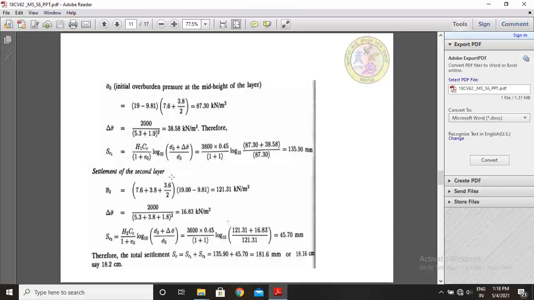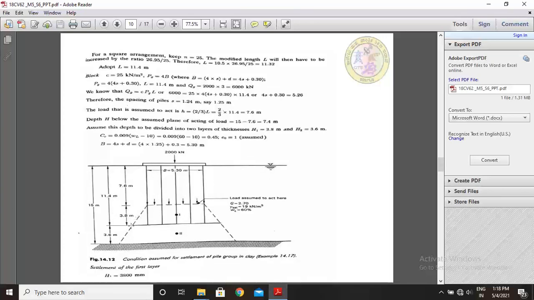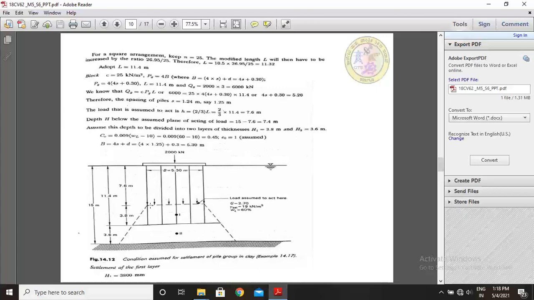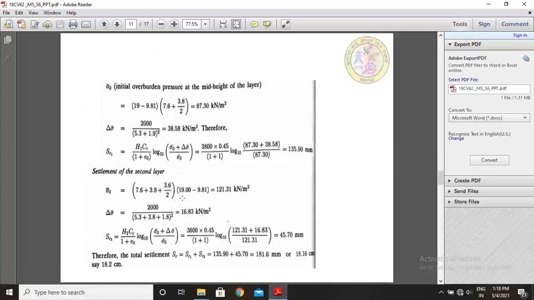So settlement of the second layer. Overburden pressure equal to 7.6, that is this, plus half of these layers. 7.6 plus (3.8 plus 3.6) by 2. So from this figure, this height plus half of these heights, plus 3.6 by 2, into density, bulk density minus saturated unit weight, so that is 19 minus 9.81.